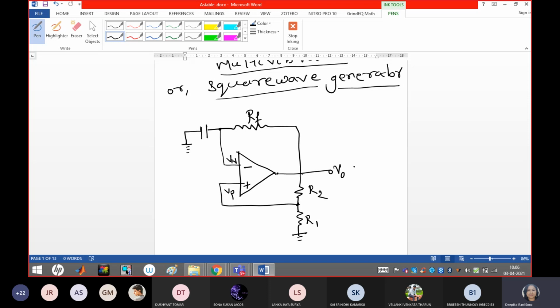So the output will swing from one threshold point to another. The output state cannot stay for a long period of time in any stable state. As per the definition, the first characteristic is that it has no stable state.